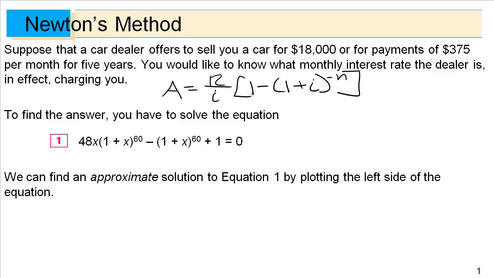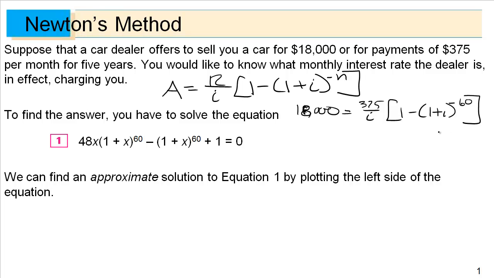We can plug in what we know and isolate I and kind of solve for I. So we have 18,000 equals 375 over the interest rate that we don't know, times 1 minus 1 plus the interest rate that we don't know, to the negative 60.